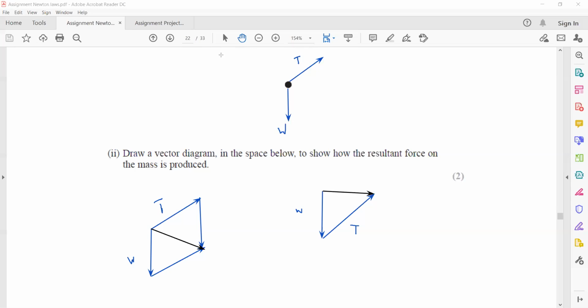So from the tail of the first to the head of the last, we will get the resultant. Any one of them is fine; it's not that you have to draw both diagrams. Because the starting and the ending point of the vector is not the same, it means there is a resultant force acting on it.